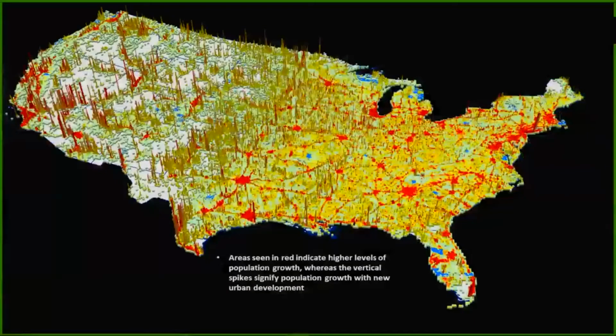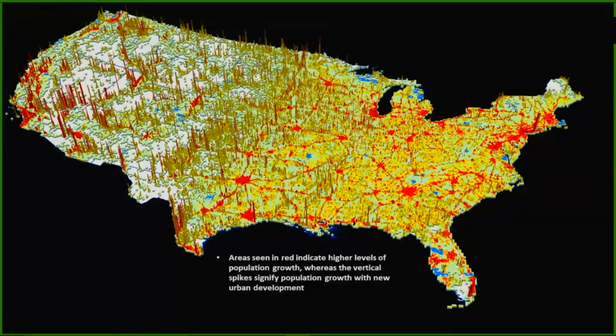So looking at the aggregate level of the contiguous U.S., this is actually just a graphic showing the projected change from 2010 to 2050, where the bright reds show population growth, while these spikes show population growth along with the development of new urban areas.